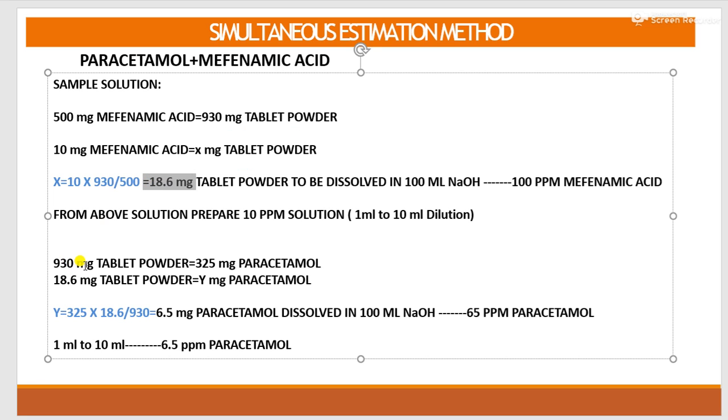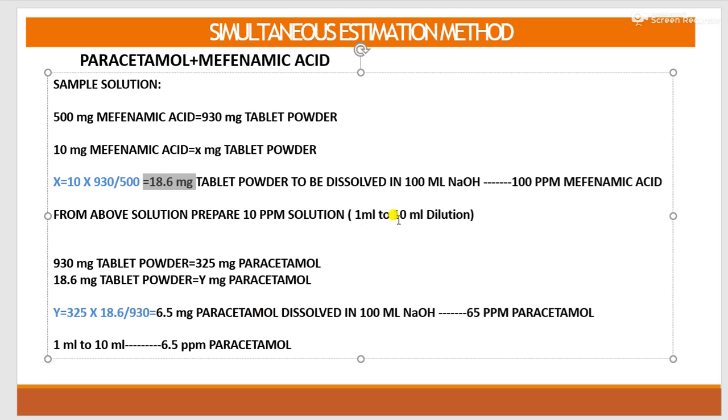So 930 milligram of tablet powder, our average weight, contains 325 milligram of paracetamol. So 18.6 milligram which we have transferred contains how much paracetamol? Y is equal to 325 into 18.6 divided by 930, which comes to around 6.5 milligram of paracetamol.